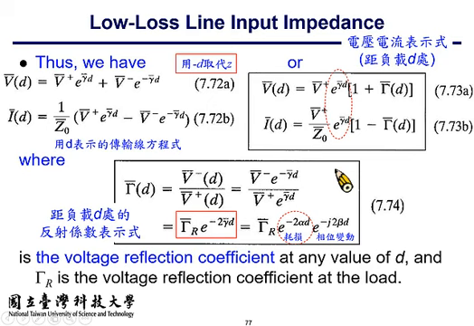The negative going and positive going components on the transmission line are like this one, right? Okay, so if you replace with D, what is the significance of this term?